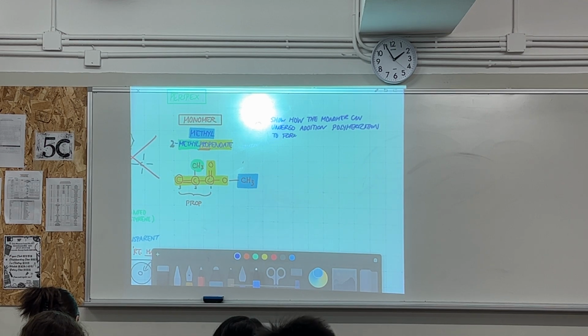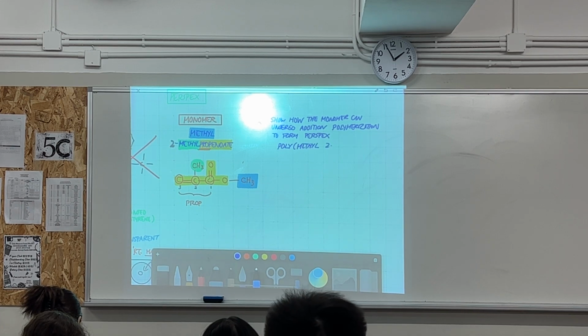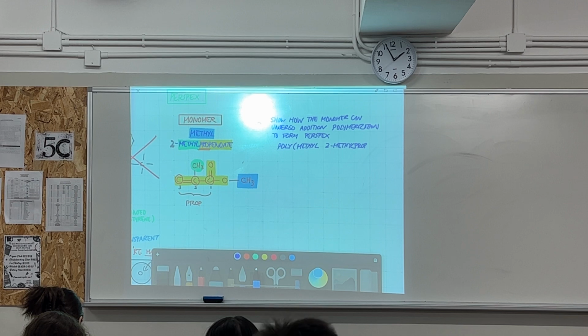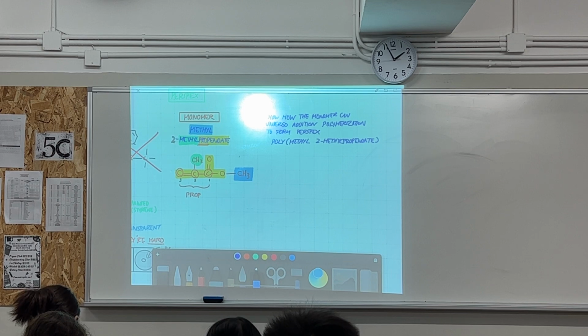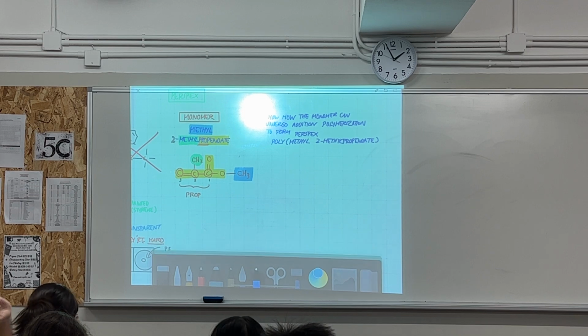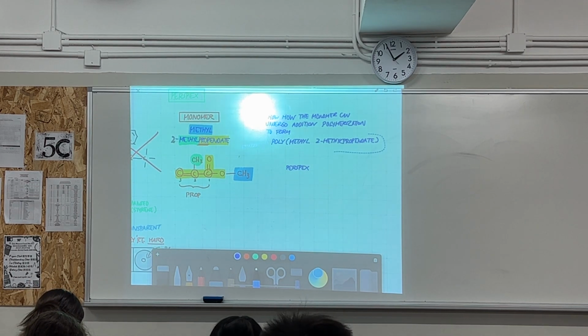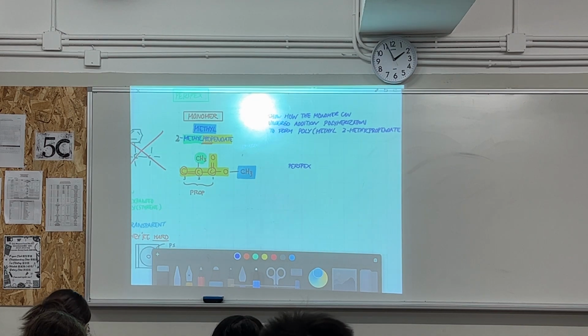Perspex is a lot easier to remember than polymethyl 2-methyl propenoate, right? If you have to pick between these 2 names, you will pick perspex any day over this very long name. But this is polymethyl 2-methyl propenoate, it means perspex. Let me copy this onto the side. So polymethyl 2-methyl propenoate, aka perspex. This thing we can substitute as perspex.